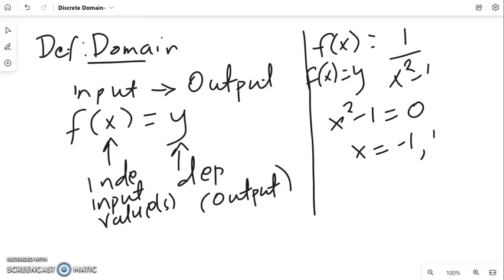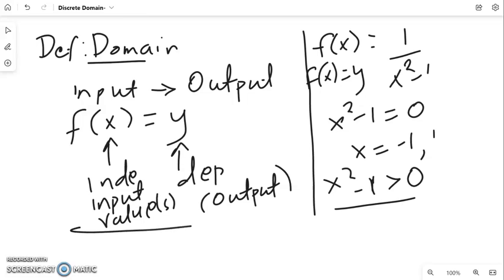The only exception is when our denominator is equal to 0. In all other cases, we are able to find the domain of this function.